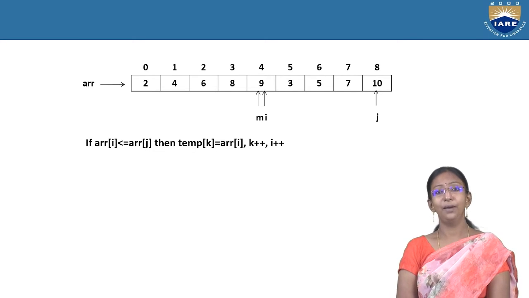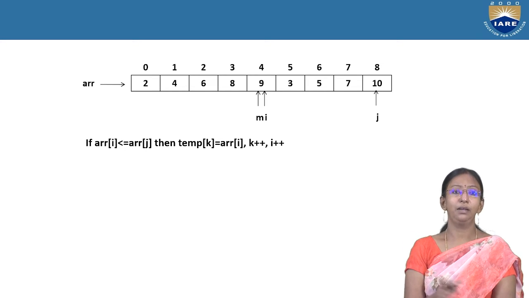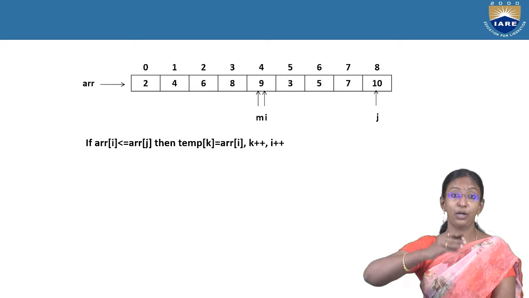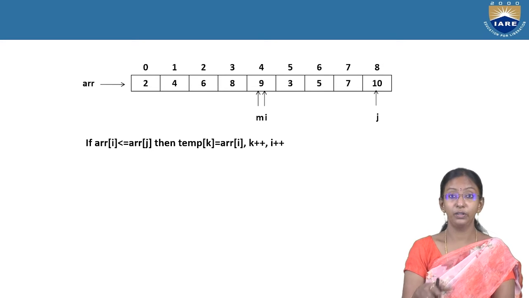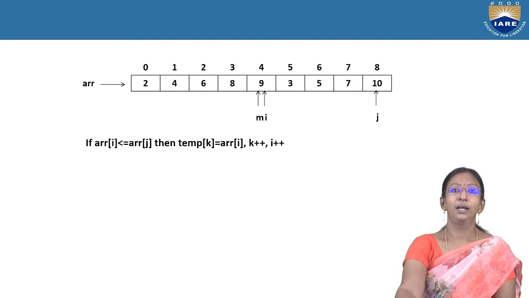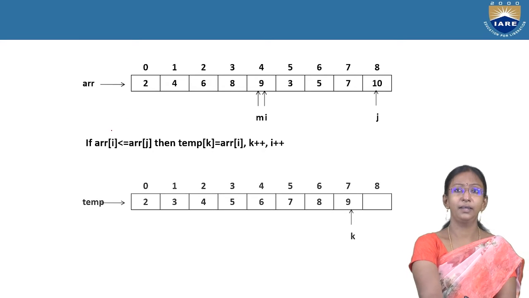What did I tell you? m acts as a barrier between the left and the right lists. So now i has reached the boundary. It is standing on the boundary. So the element pointed by i is 9 and j is 10.